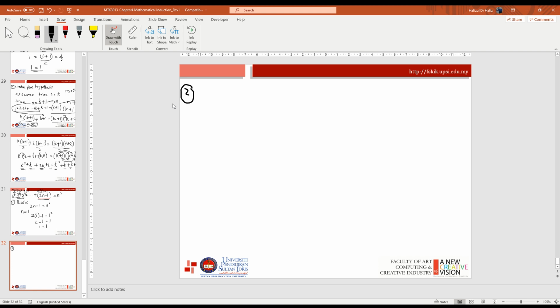Assume that we have 1 plus 3 plus 5 plus dot dot plus, kita replace 2k minus 1 is equivalent to k power of 2 lah. Kita replace nilai n dengan k tadi. Ni replace n, we replace n.